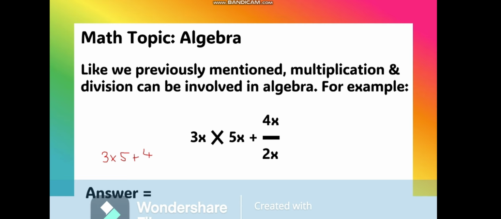So let me just write all of this down. So we start with division. So 4 divided by 2 will equal 2. So then we're left with 3 times 5 plus 2. So since multiplication is first then addition, that's 15.